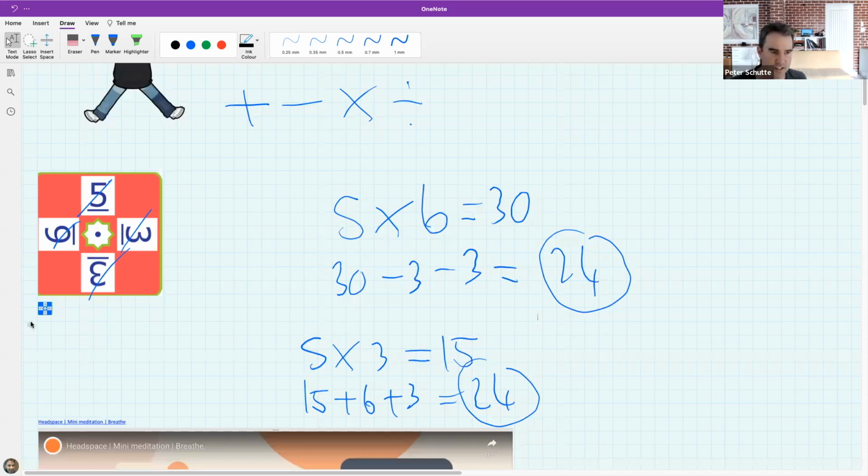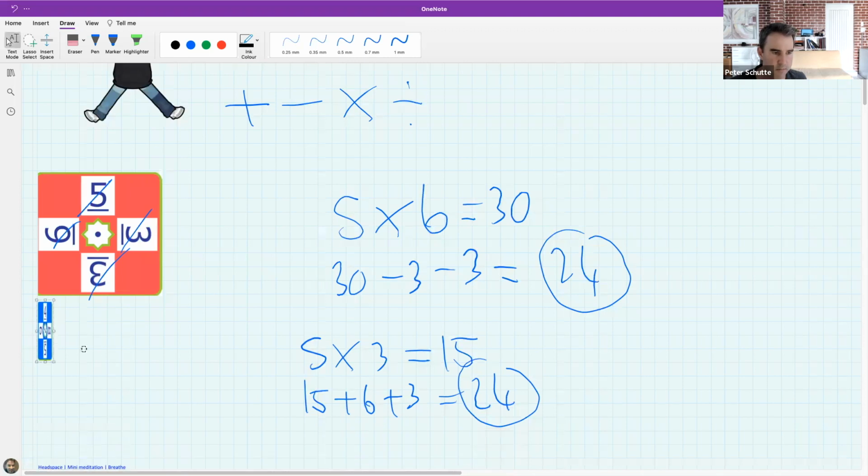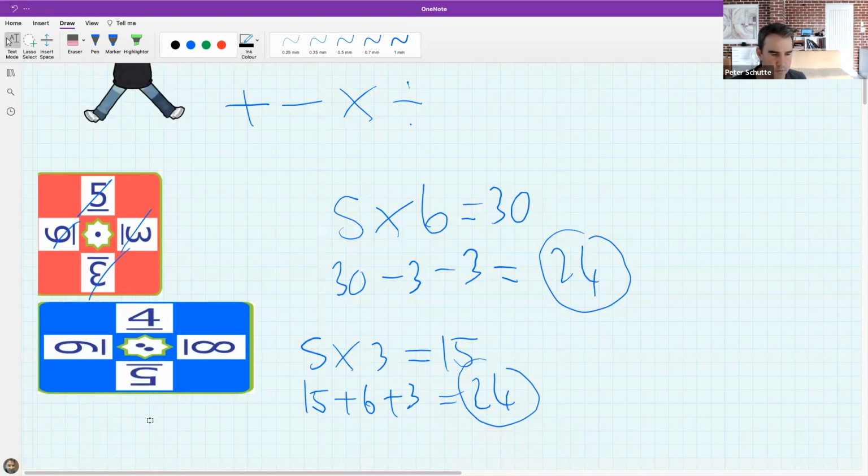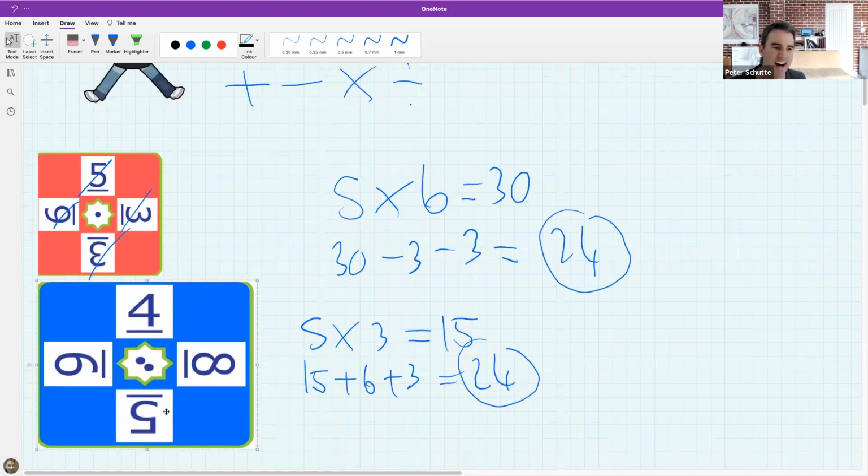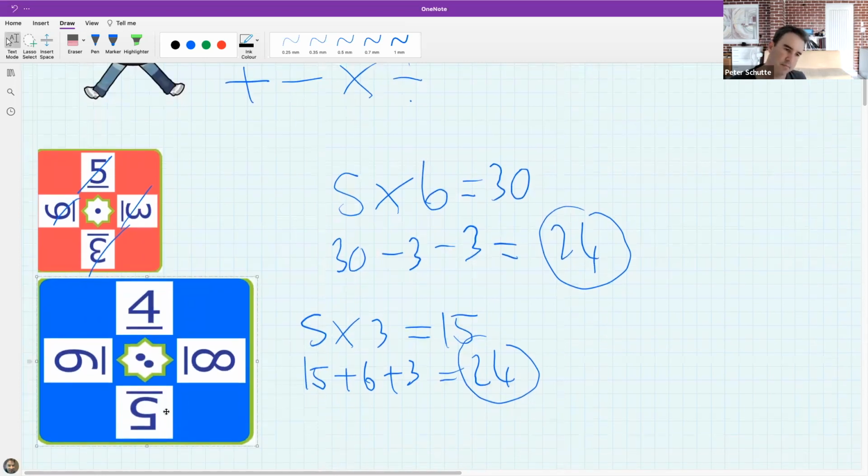And fantastic. Okay, let's try and do the blue one. Let's see if we can do this one. That's a 9 this time. The bar is always at the bottom. Can you find me 24 using 9, 5, 8, and 4?